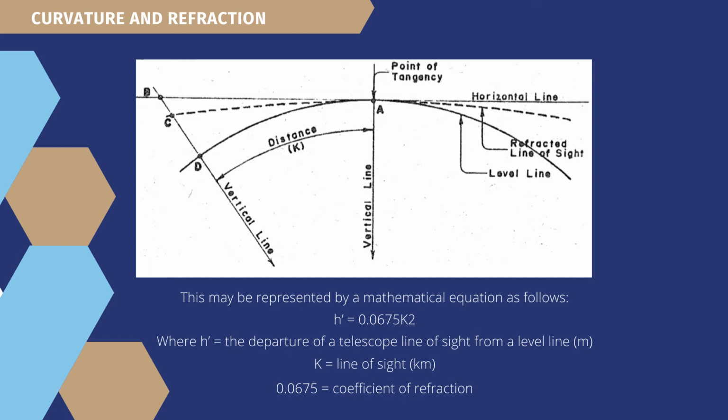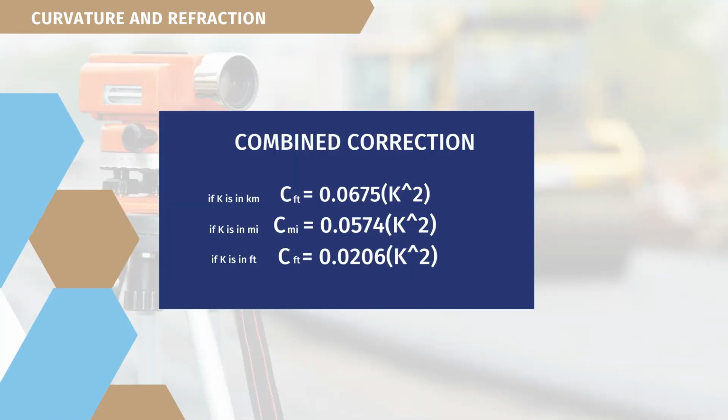Using the Pythagorean theorem, we can relate the curvature error c in feet to the radius of the Earth and the horizontal distance. To solve for the combined correction, we have these formulas where again the constant will be different depending on the units intended for the solution.